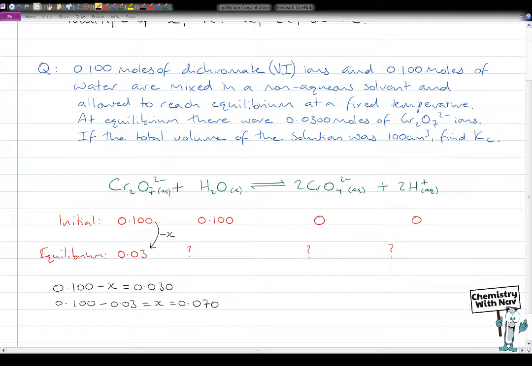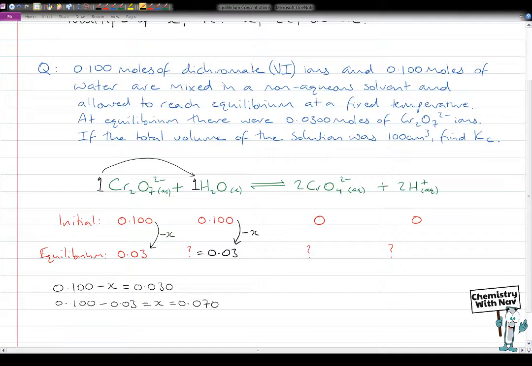Okay, and I can also say then that because there is a one-to-one relationship between the dichromate and the water, there's a 1 there and a 1 there, that this will also be minus x. That means this will also equal 0.03.